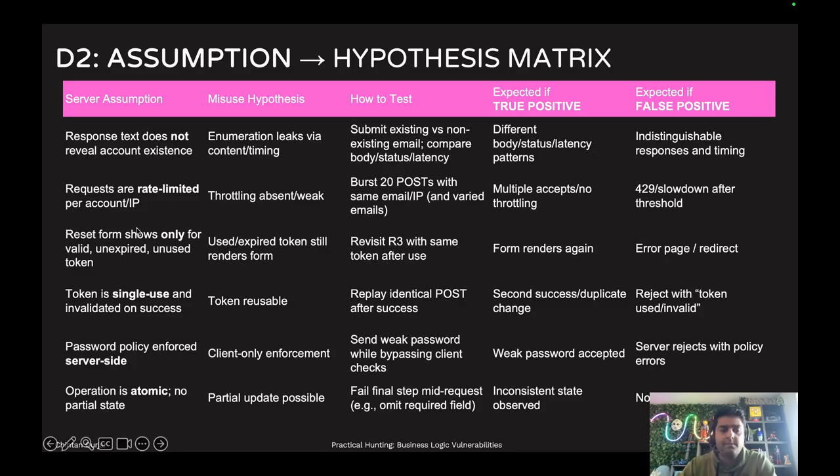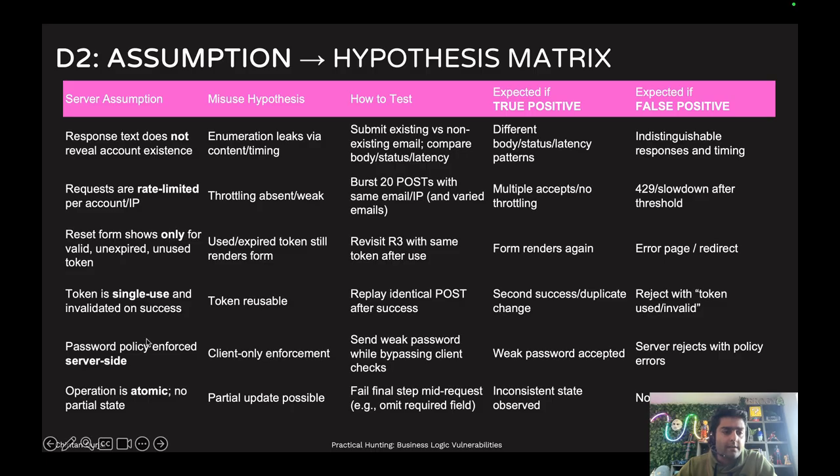These are your hypotheses based on the steps, and these are the assumptions from the steps. When I say password policy is enforced on the server side, this is your assumption. But in order to test whether it's true or not, you need to create a misuse hypothesis. The misuse hypothesis again would come from those five steps: repeat, tone, garbage, break sequence, and reverse the logic.